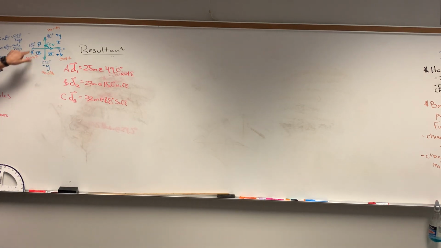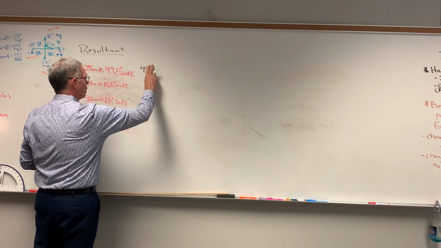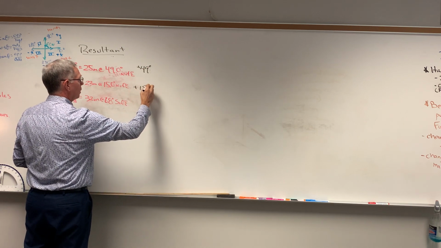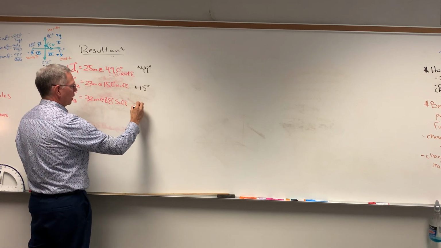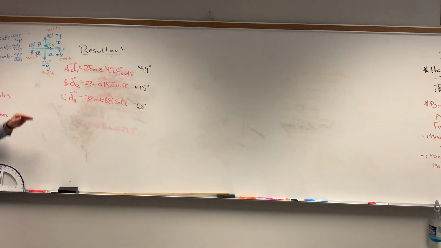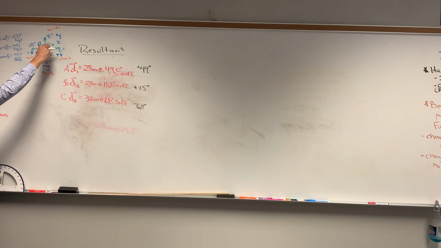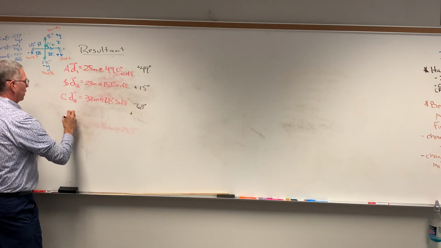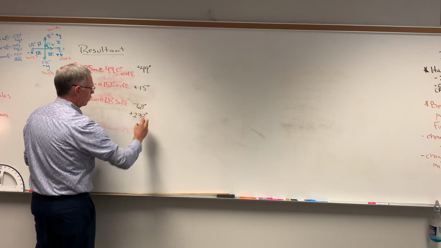If you're using this convention, you might see it just as a positive 49 degrees, a positive 15 degrees. You could see this in two different methods. You could see it as a negative 68 degrees. Down here, here's 0, counterclockwise is positive, so clockwise would be negative, so you can be down 68 degrees like that. Or you could see it as a positive 292 degrees.